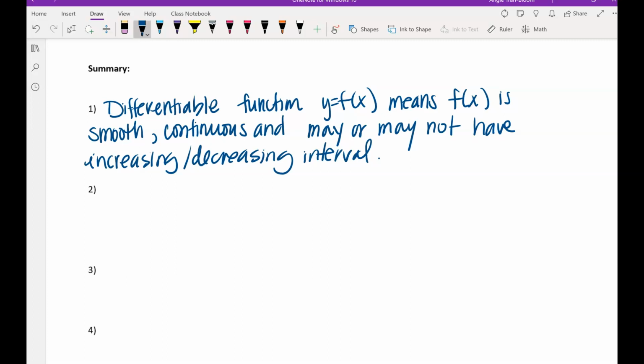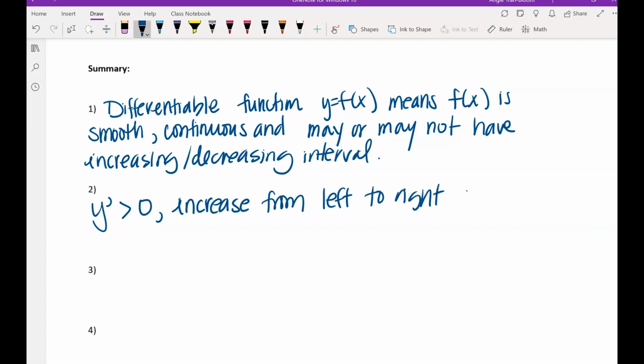Okay, so how about the first derivative test? y prime that's positive means f increases from left to right and may be wavy. So if you use the first derivative test, it may have an increase and it may be wavy.